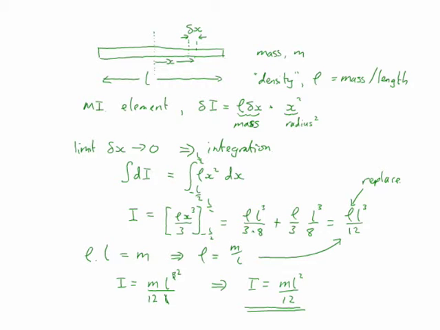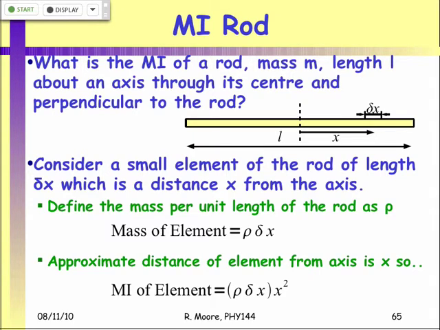Because I know that's about as difficult as the calculus in this course gets, right? This is the trickiest bit of calculus you will have to do. Except not just for rods, right? We will be doing other things.